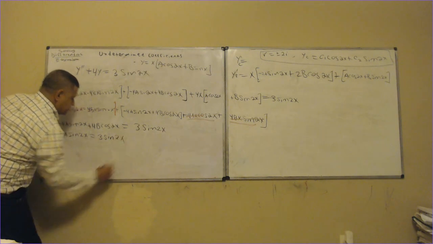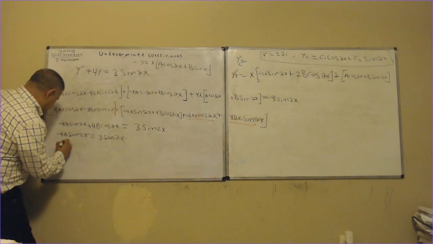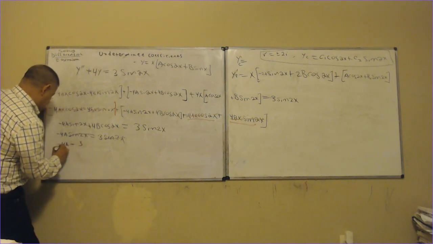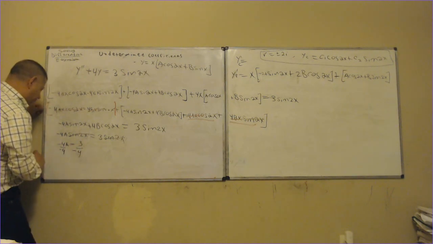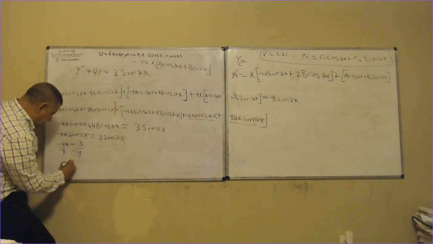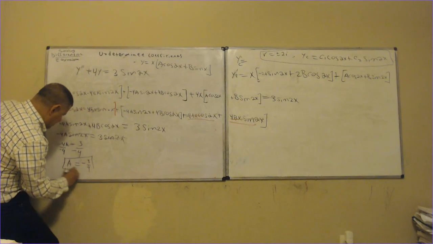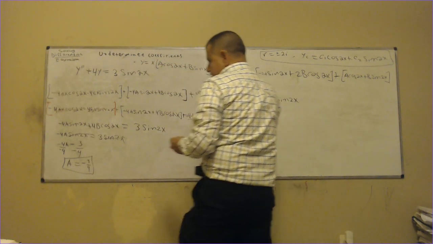Cancel the sine of 2x out, and I get 4a equals 3, divided by 4, and I get that a is equal to 3/4. Okay, so now we're making some progress, right?